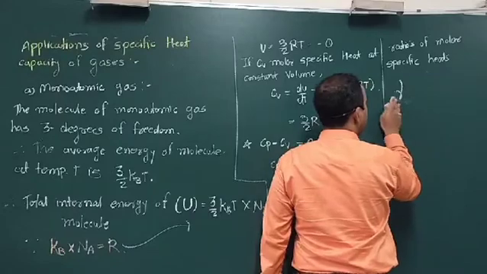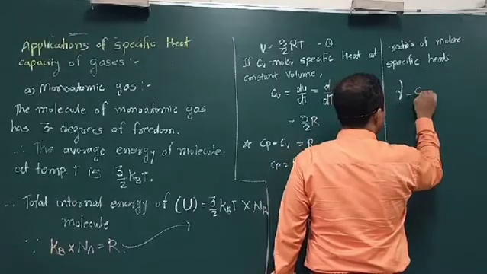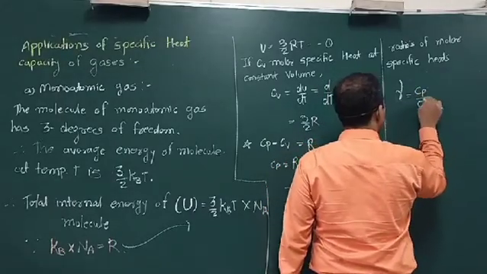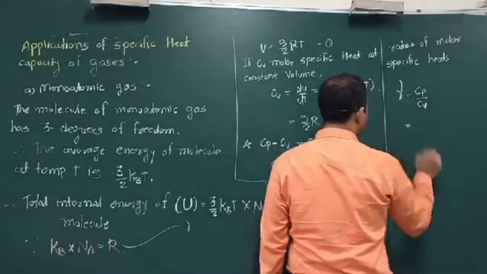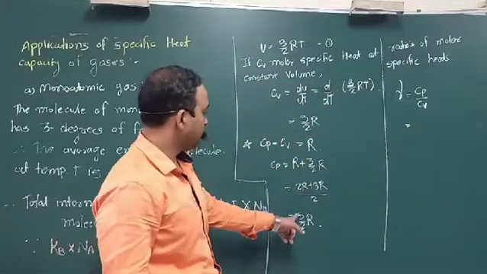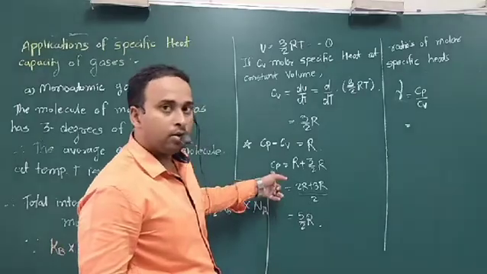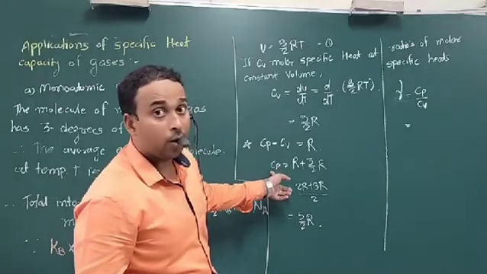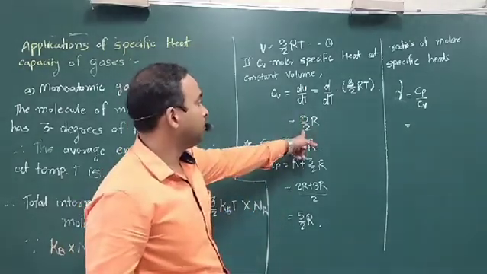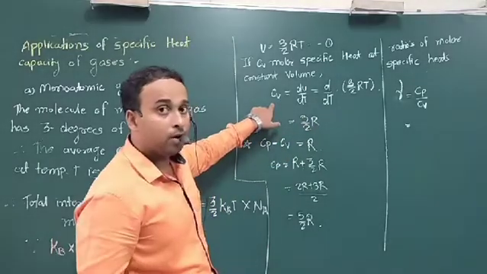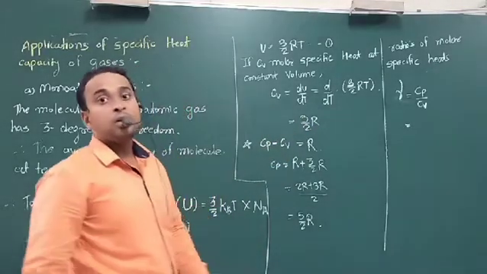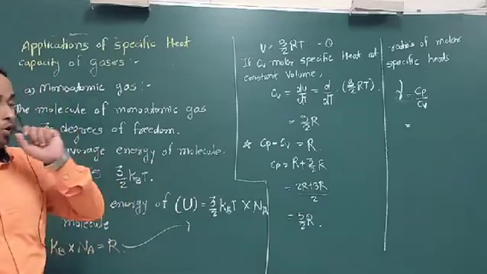So gamma is equal to Cp upon Cv. Substituting the values, 5/2 R is the molar specific heat at constant pressure, and 3/2 R is the molar specific heat at constant volume.